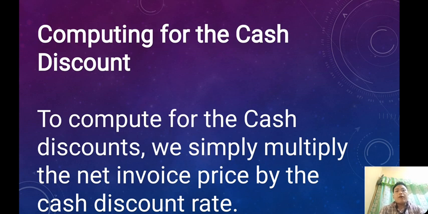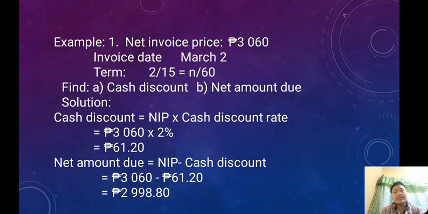Okay, next, we have computing for the cash discount. To compute the cash discount, we simply multiply the net invoice price by the cash discount rate. Example number 1, we have a net invoice price of 3,060 pesos and an invoice date of March 2.